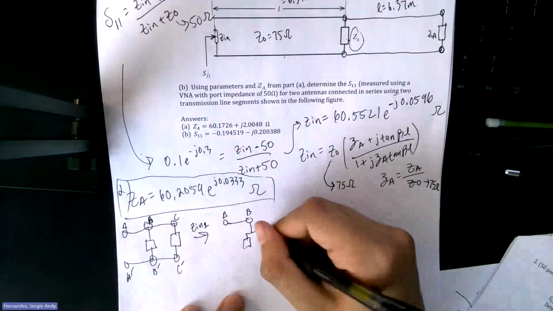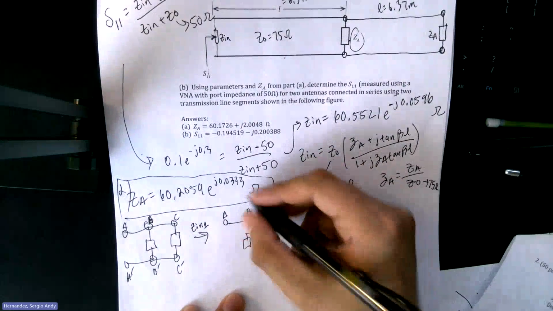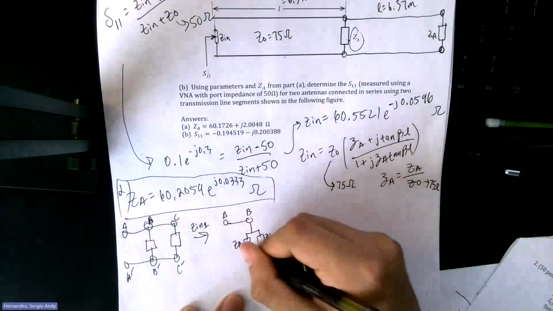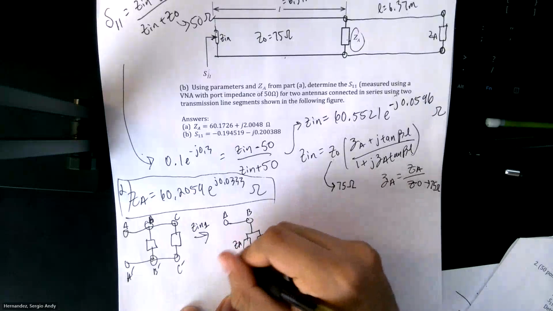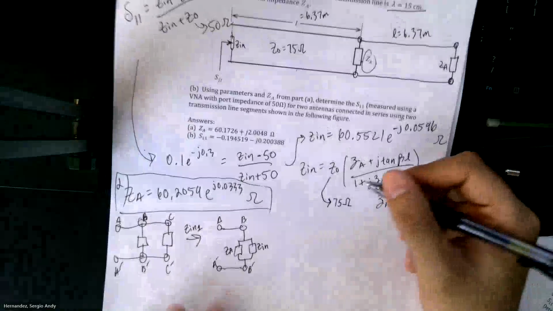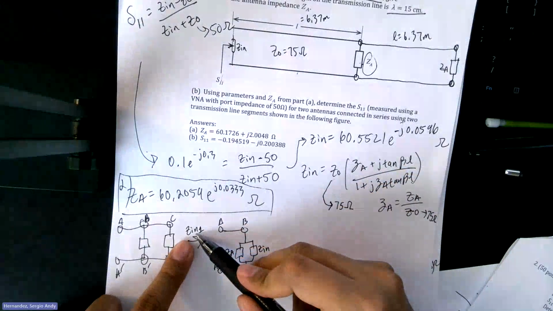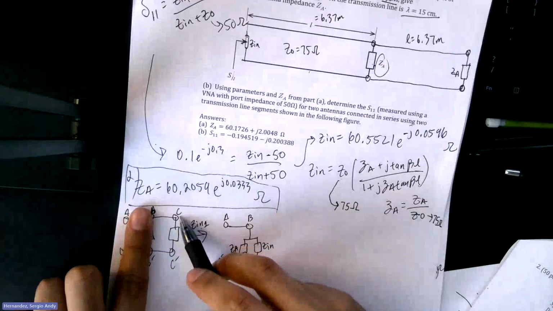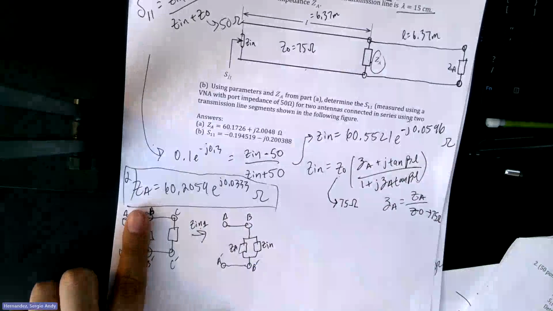And then at point B, there's going to be two loads now, right? Your original ZA, and then the one you just shrunk down. So you're using your ZN formula with respect to everything between point B and point C, right?